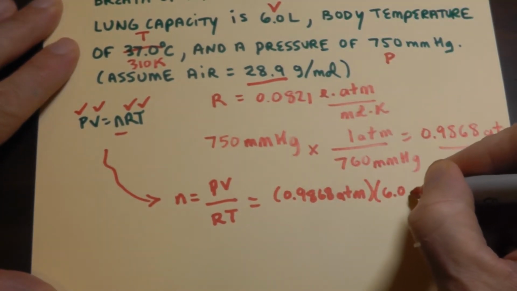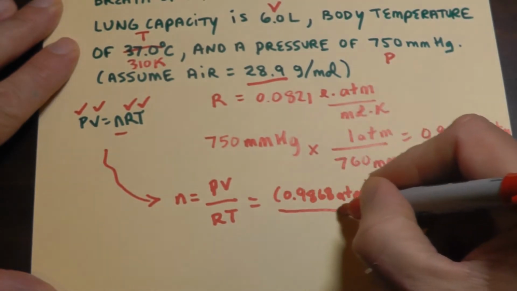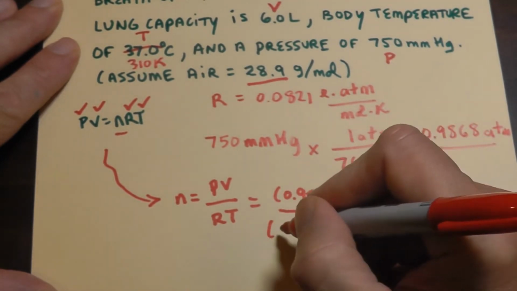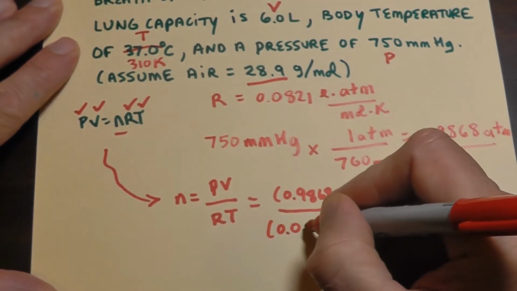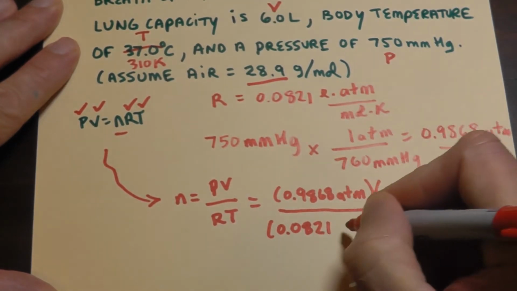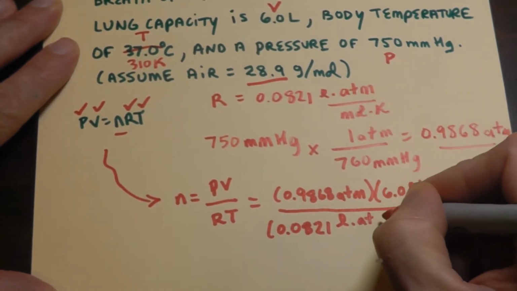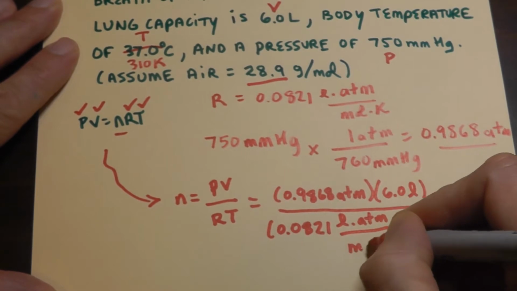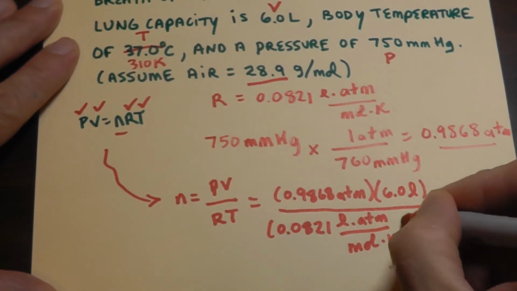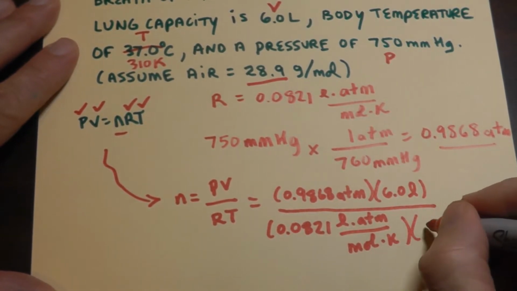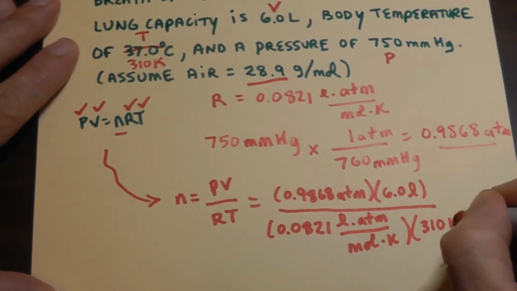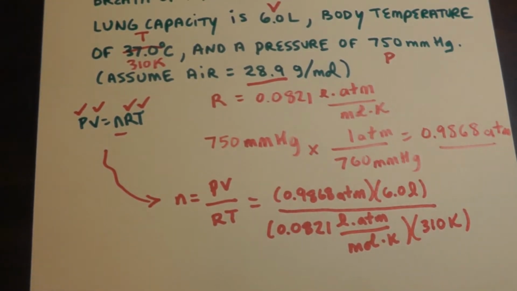So 6.0 liters. And the reason that is very valuable is because now down here below, I write liters times atmospheres per mole per Kelvin, and then 310 Kelvin. If I did this right, all my units except what they asked for should cancel.